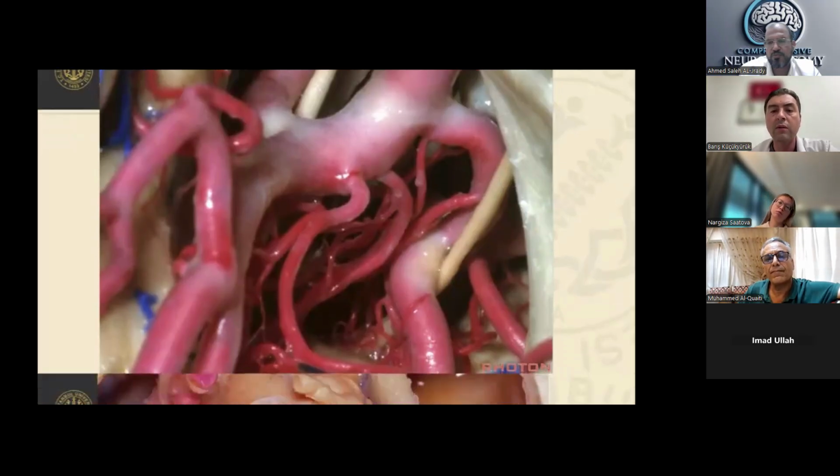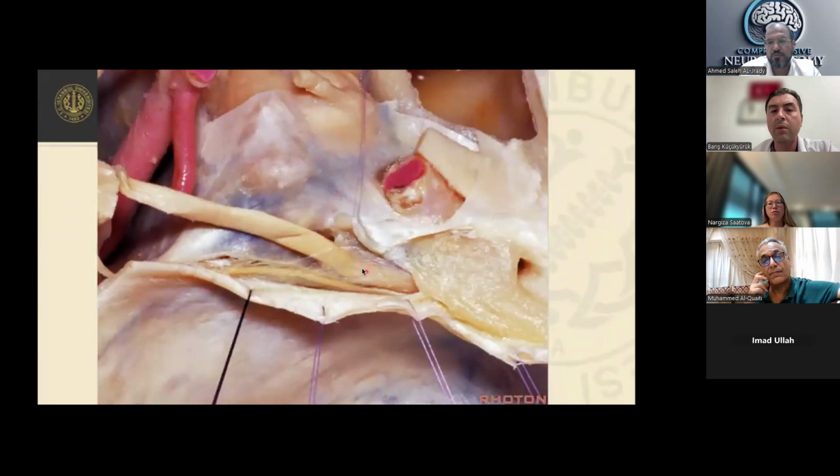When we want to do it, we must remember that the venous plexuses of the cavernous sinus may extend to the oculomotor cistern, which is a small pocket filled with CSF. When we cut the dura located above the third nerve, it may bleed, and we may be forced to gently stop this bleeding.